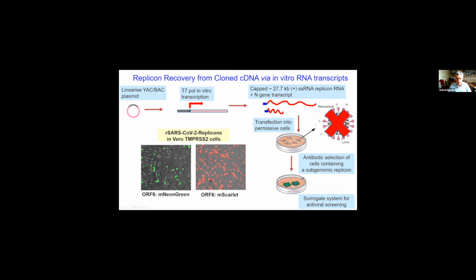But the problem for SARS-CoV-2, so far worldwide, is that nobody has been able to select these cells using antibiotic selectable markers and get populations that harbor these replicons. And that's due to cytopathic effects. However, at the moment, we've got quite good transfection efficiency, and we're hopeful that we can select some cells that stably maintain these replicons, and then we can use these for antiviral screening.